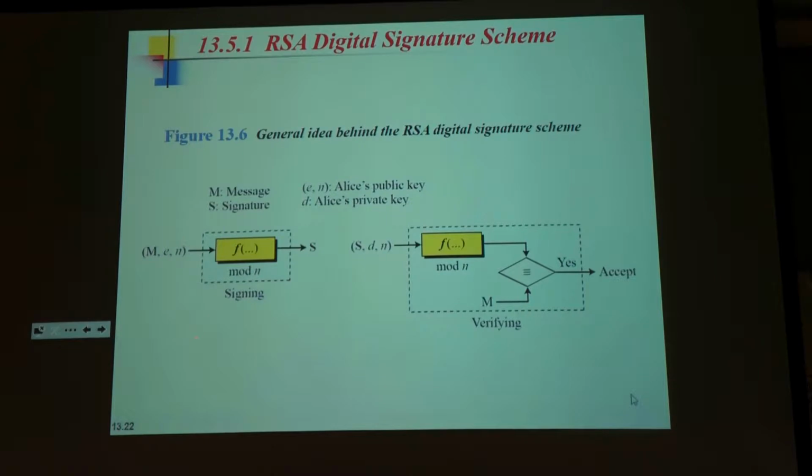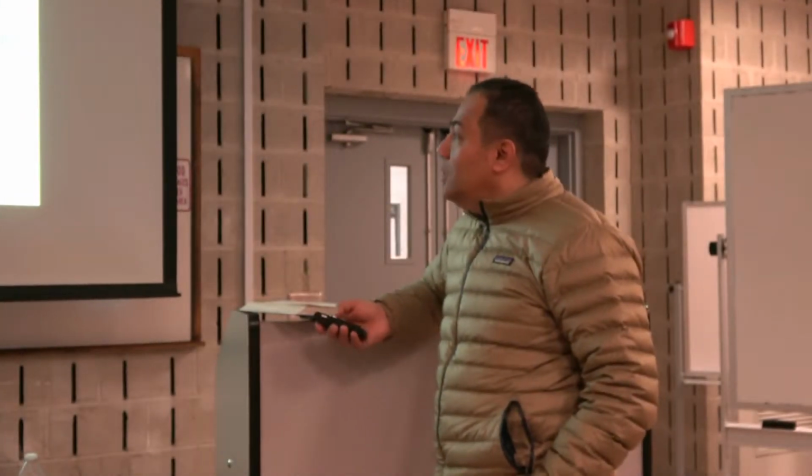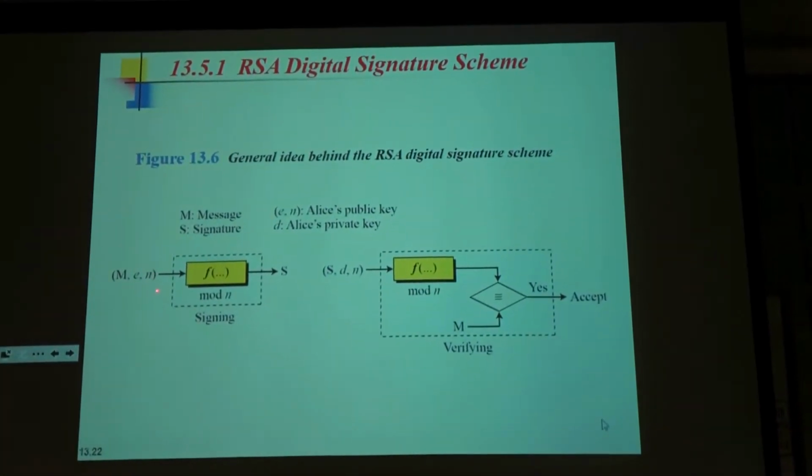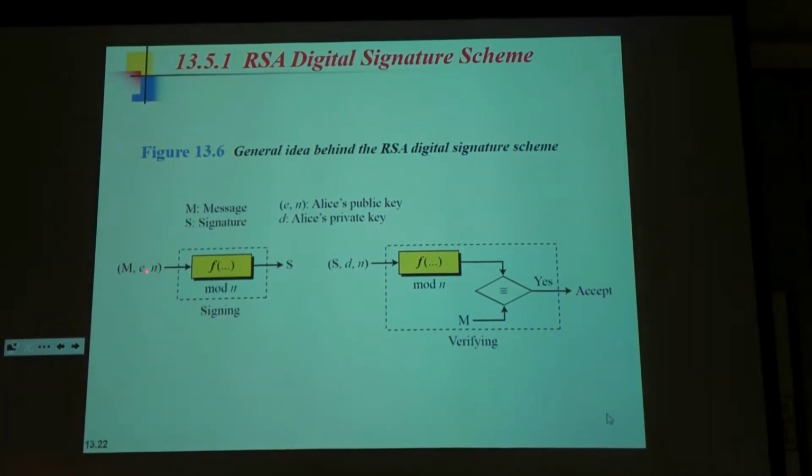So, for example, we have the message, and then we have Alice's public key, which is e and n, and d, Alice's private key. So we have to sign with Alice's private key. You have the message, e, n, and d, the private key.